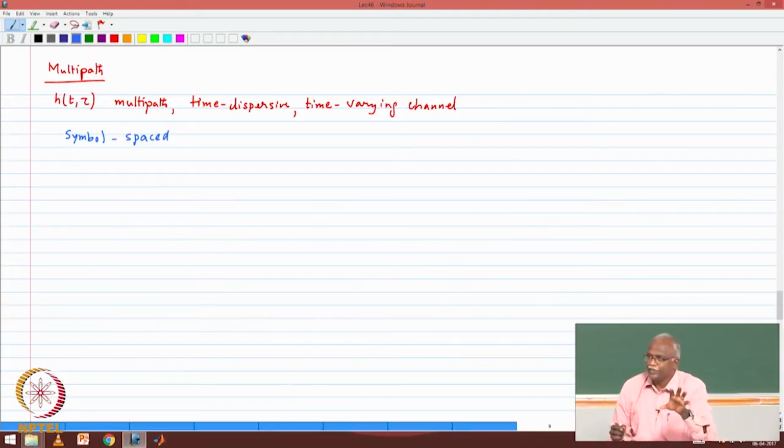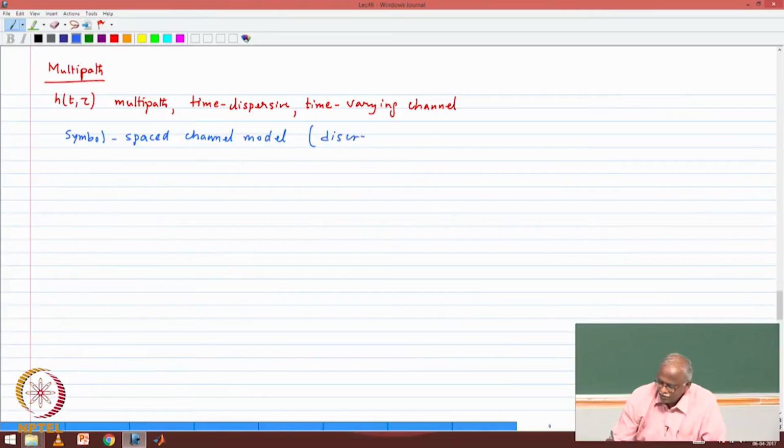So, you can represent it in terms of a discrete time channel model. The symbol spaced channel model is a discrete time model. You can represent your channel as some digital filter.